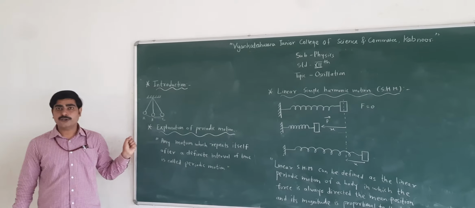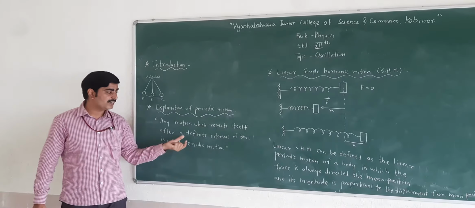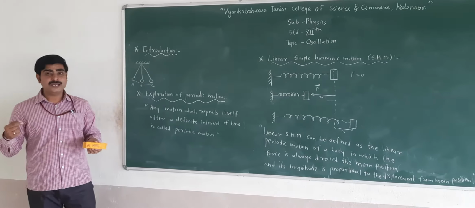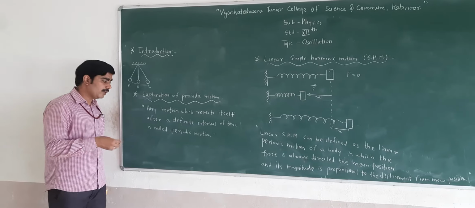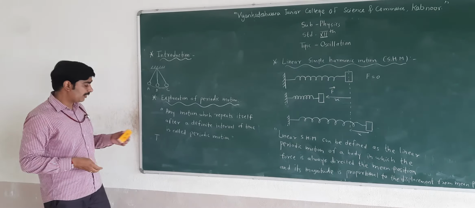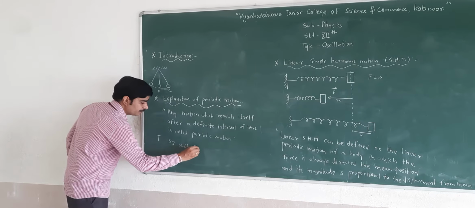So what is a periodic motion? Any motion which repeats itself after a definite interval of time is called periodic motion. Generally, in oscillatory motion, we denote the period of oscillation with the symbol capital T, and the SI unit is the second.